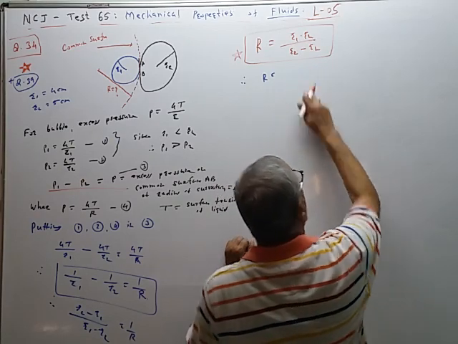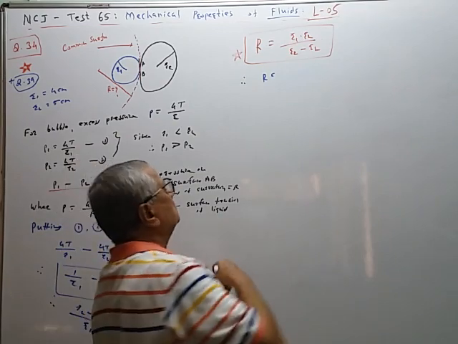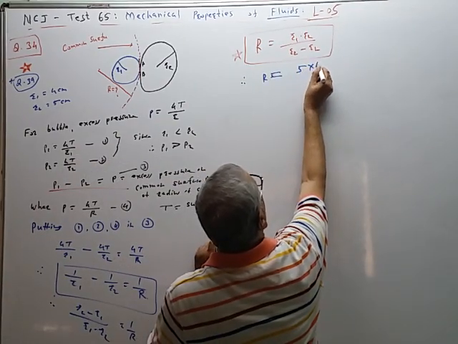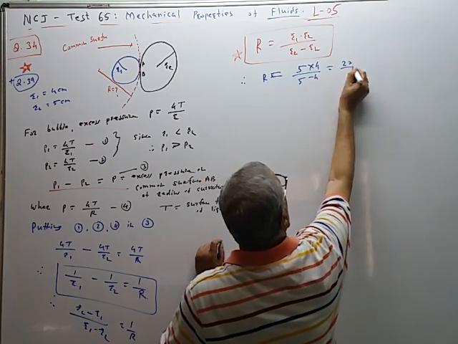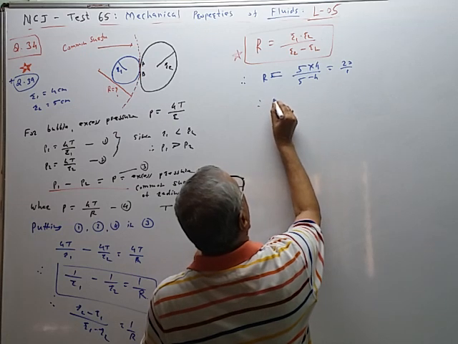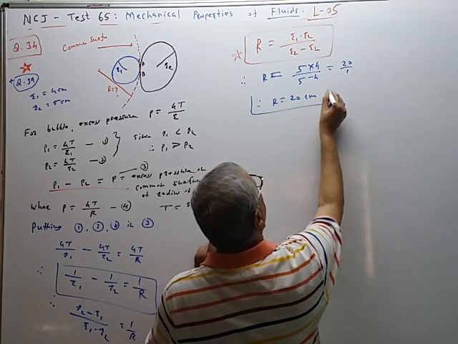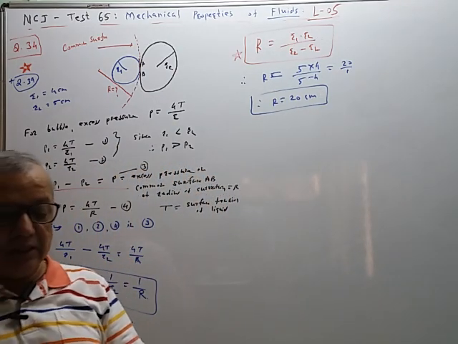So R is equal to 5 multiplied by 4 upon 5 minus 4, that is equal to 20 upon 1. So R is equal to 20 centimeter. This is the answer. So correct choice is D.